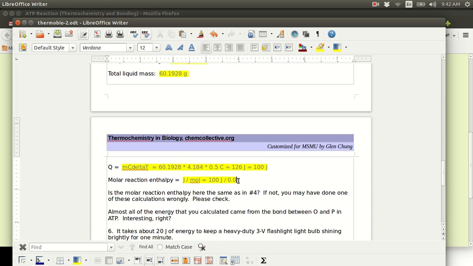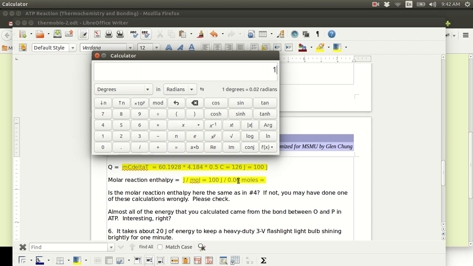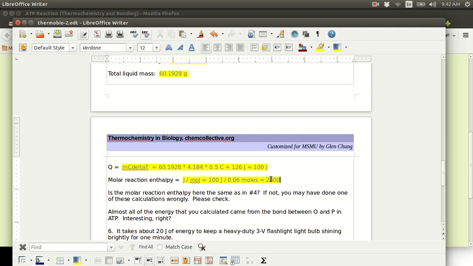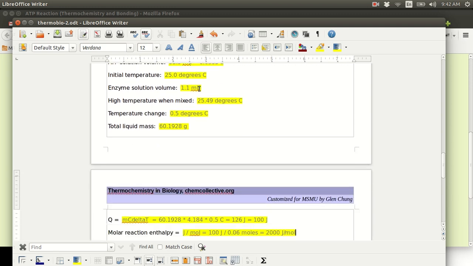100 divided by 0.06 moles, and that equals 2,000. To one significant figure, this is 2,000 because this first number rounds up to a 2 because this 6 is more than 5. 2,000 joules per mole. That's a lot, especially considering that this was 26,000.